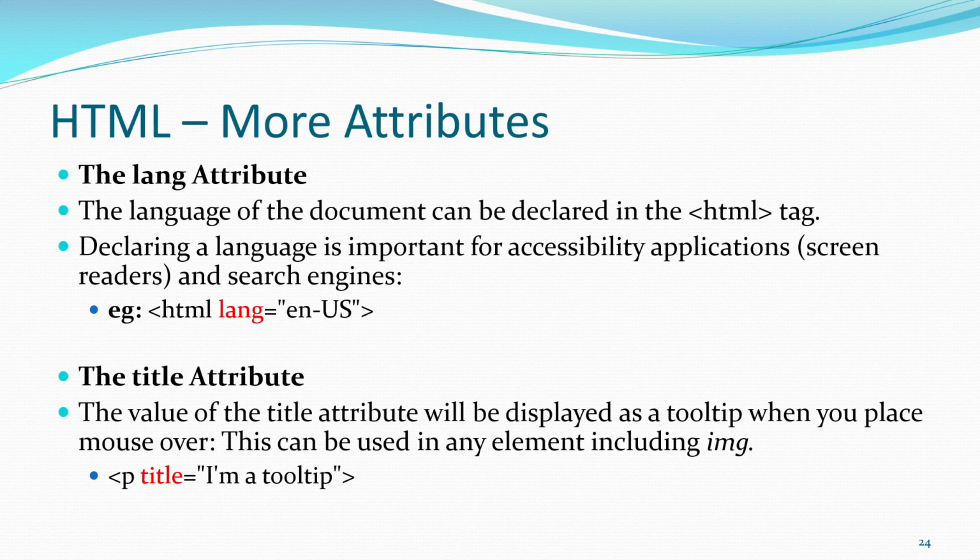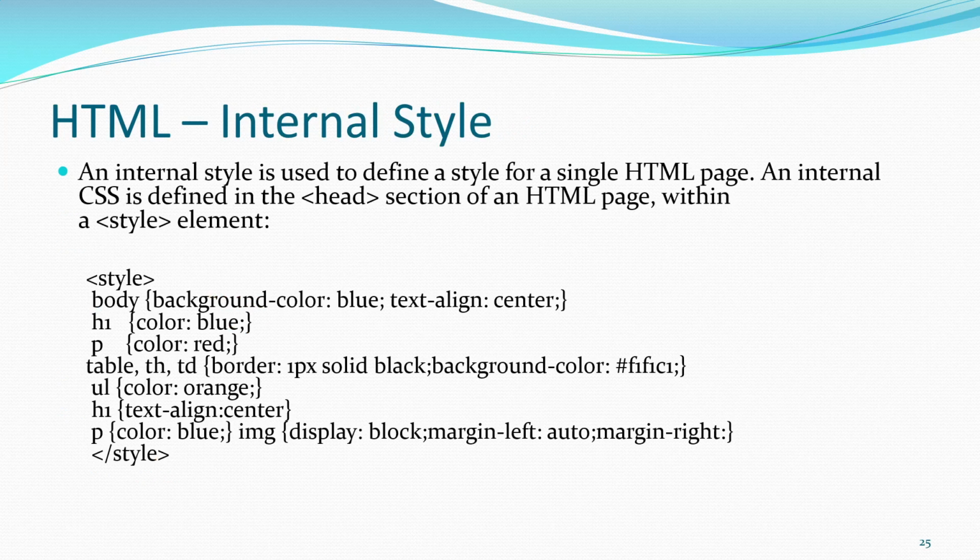Title attribute, the P tag, is a tooltip, so when you hover over something it'll pop up with a little descriptor box. You can just put that next to an image and it'll pop up whenever your cursor goes over it.